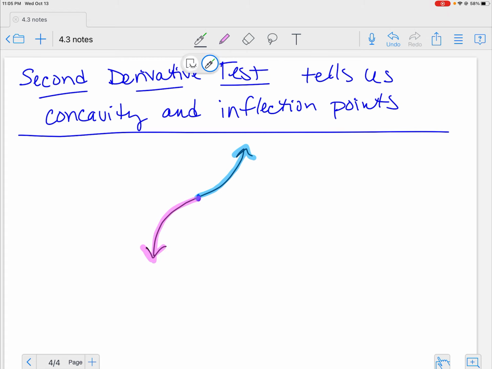This is concavity. If it's going like this, that's going to be concave up. If it's looking like this, kind of cupped down, that is concave down. Oops, I should do my arrow the other way.